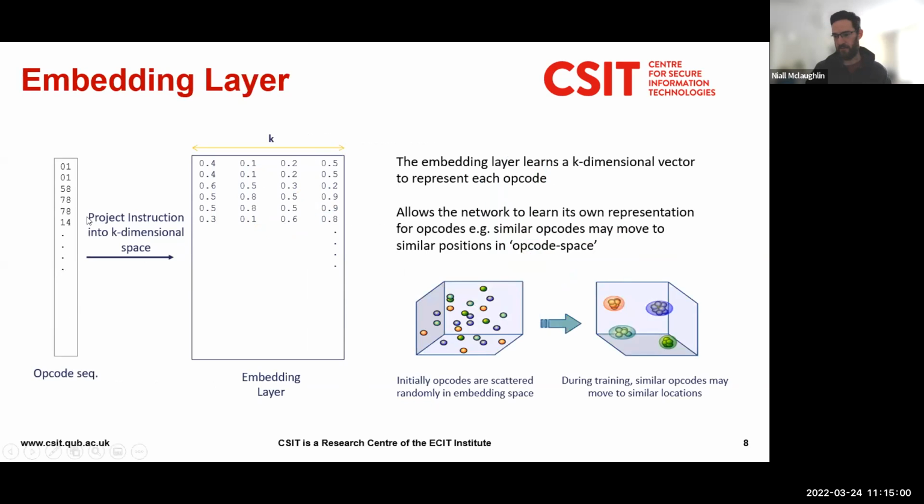The first thing we have is something called an embedding layer. I find sometimes people are a bit confused about why this is necessary, but basically we take the sequence of instructions from the Dalvik bytecode. These are just instructions that run on the virtual machine, and they get assigned arbitrary numbers.